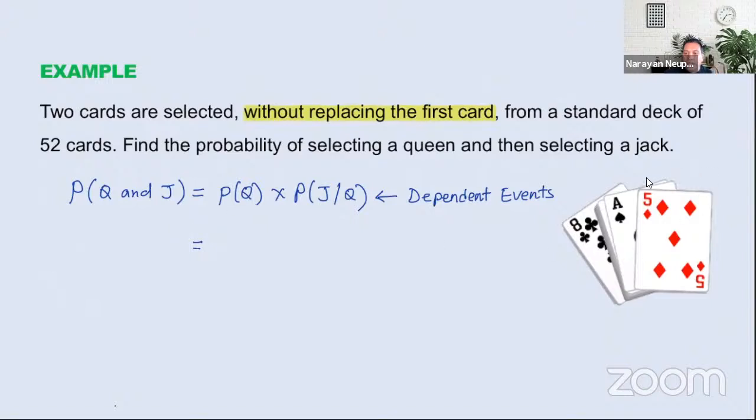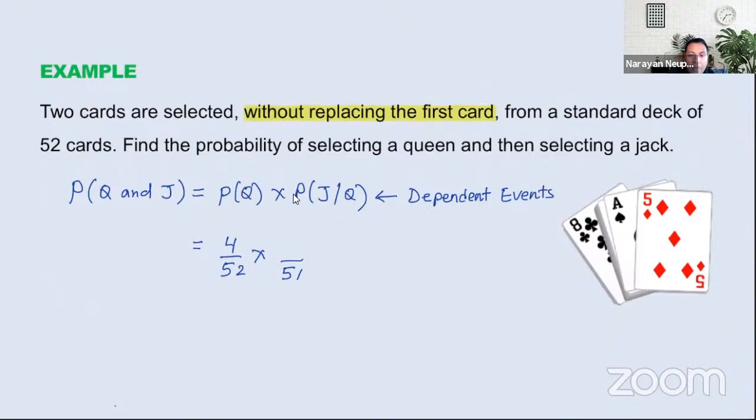Probability of getting queen. In a standard deck of cards, there are 4 queens. So it will be 4 out of 52 because there are 52 cards there. And what you pull is a queen. We assume that the first card we get is a queen. Now you are not putting it back. That means the total number of cards is no more 52, it is 51. And the card you first pulled is a queen.